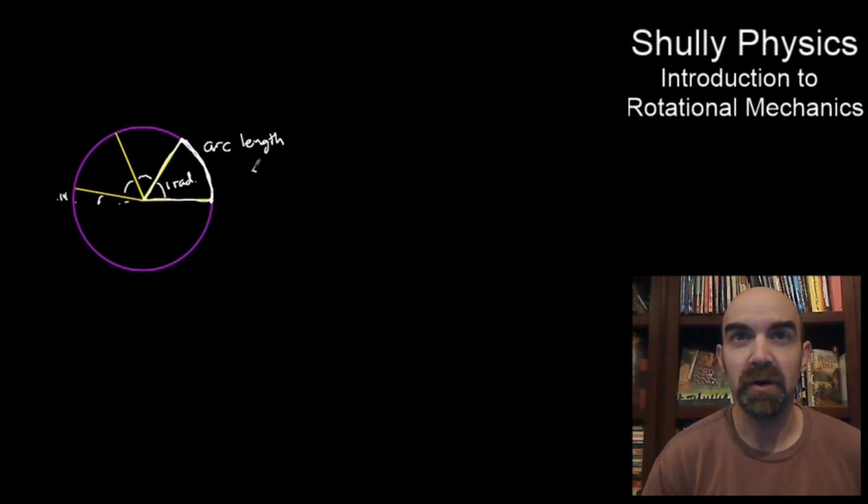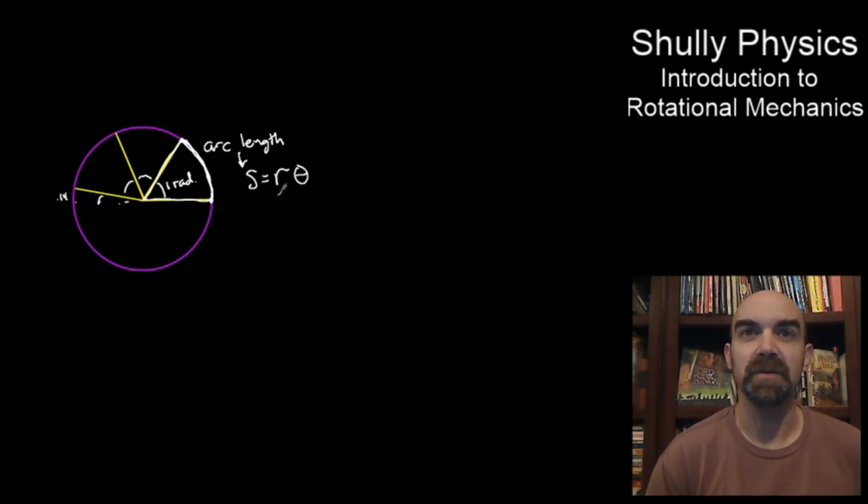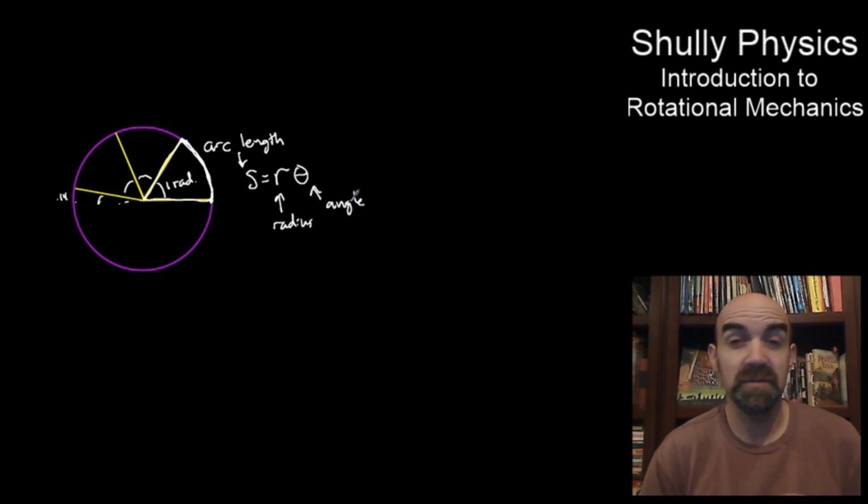The arc length formula you might have learned a while back is s, the arc length, equals r theta, where theta is the angle, s is the arc length, and r is the radius. All right, so we'll go ahead and label those: radius and angle. And this is the formula that's used to figure out the circumference of a circle.